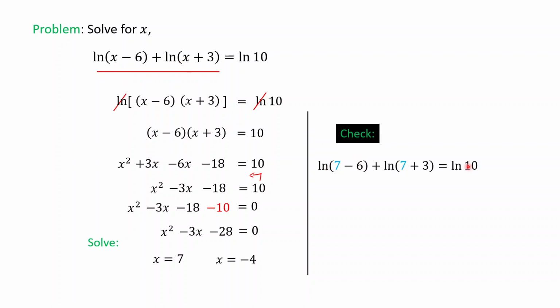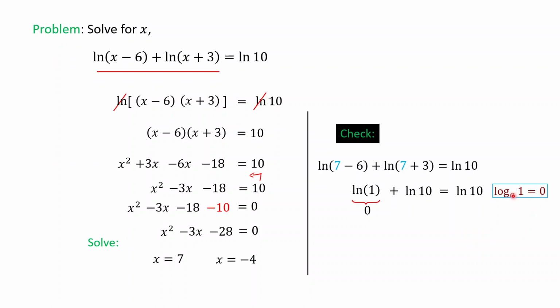You will get this. Simplify ln of 7 minus 6. 7 minus 6 is 1. So ln 1 plus ln of 7 plus 3, which is 10. ln 10 is equal to ln 10. ln 1 is 0 because log base a of 1 is 0.